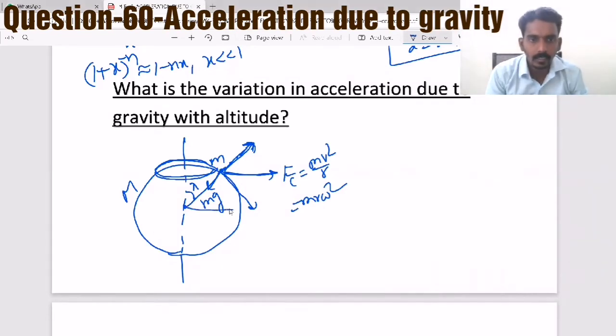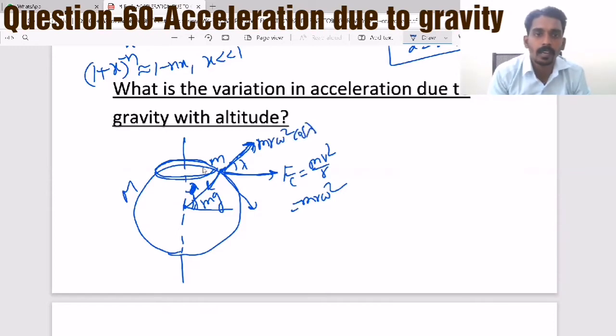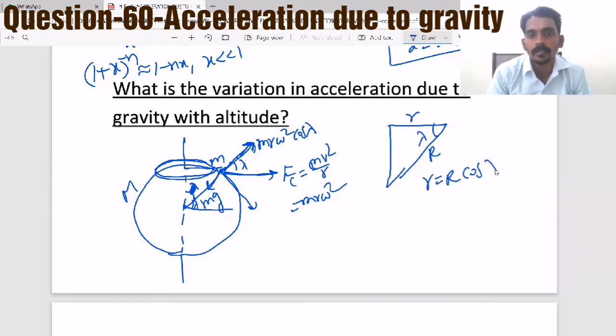Here one small correction. This is not latitude, this is the angle with the equator, so we have to consider that. So here this angle also will become lambda, so that this will become m r omega square cos lambda, where this is the radius. Now if you consider the triangle here, this is small r, this is capital R, and this is height. Now this angle is lambda, then r will become R cos lambda.